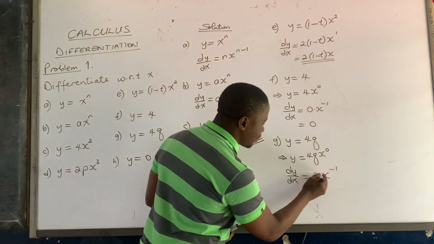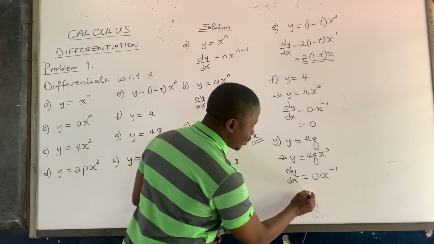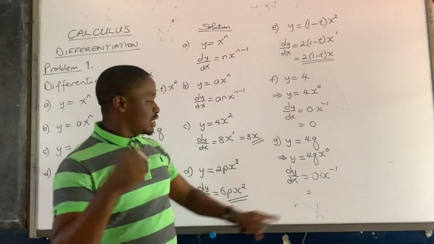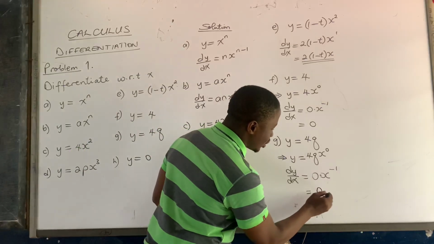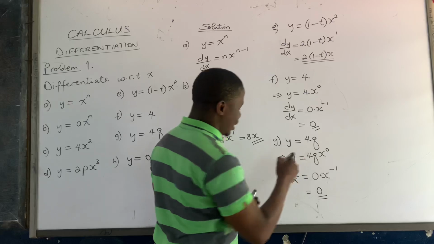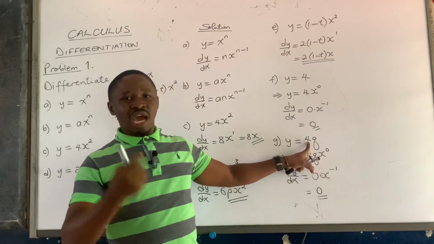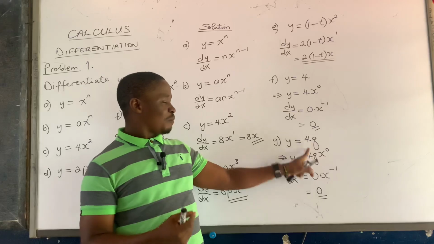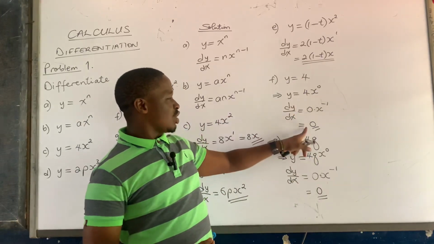But 0 is multiplying x to the minus 1. So basically, 0 multiplying any value, we have 0. So this is still emphasizing that whenever you differentiate a constant function, the result is 0.